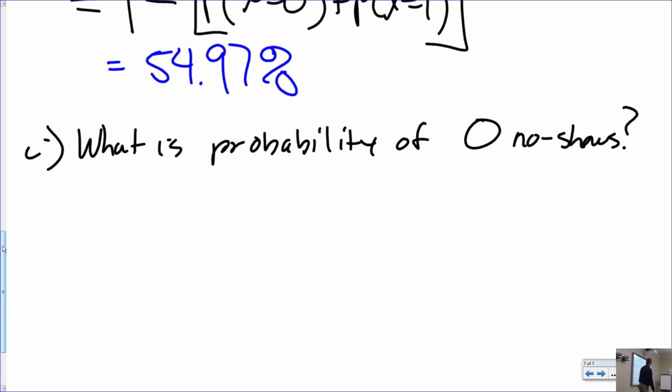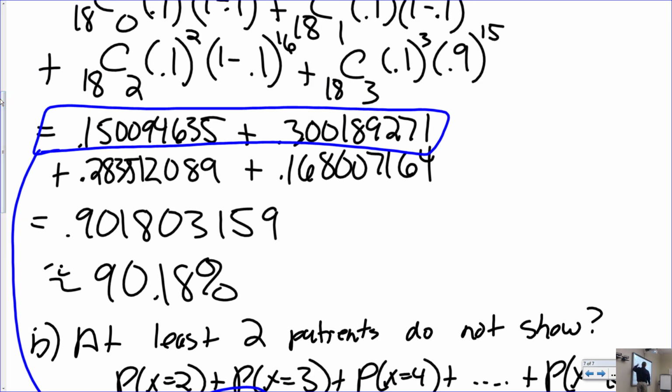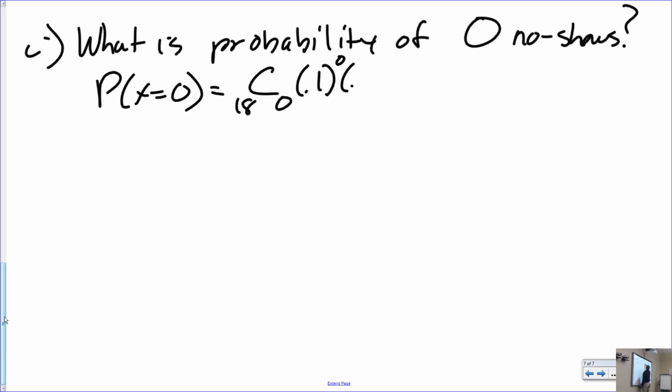So what's the probability that x equals 0? It's right there. We've already done 0. So it's just 15%, basically. Whatever that number was.